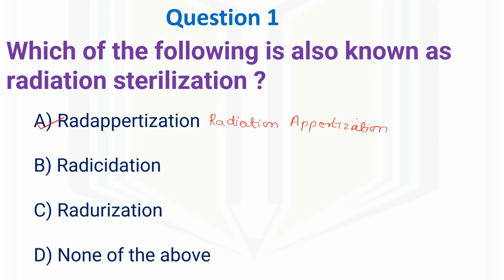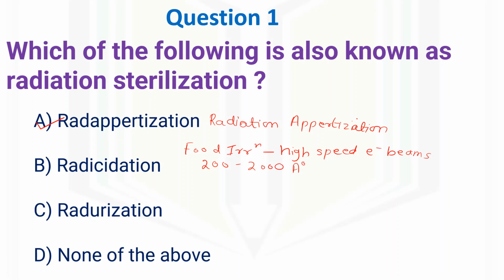Now, what is food irradiation? That we have to know basically. So, food irradiation uses high speed electron beams, in the wavelength of 200 to 2000 angstroms.